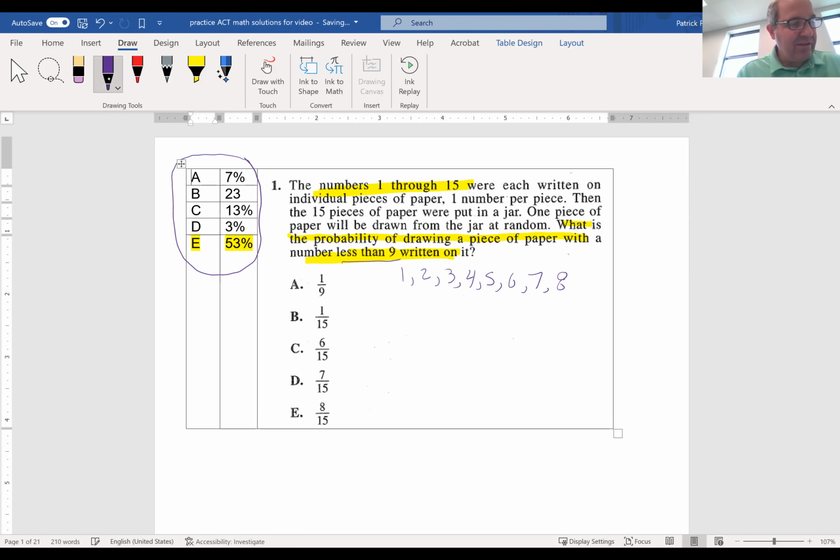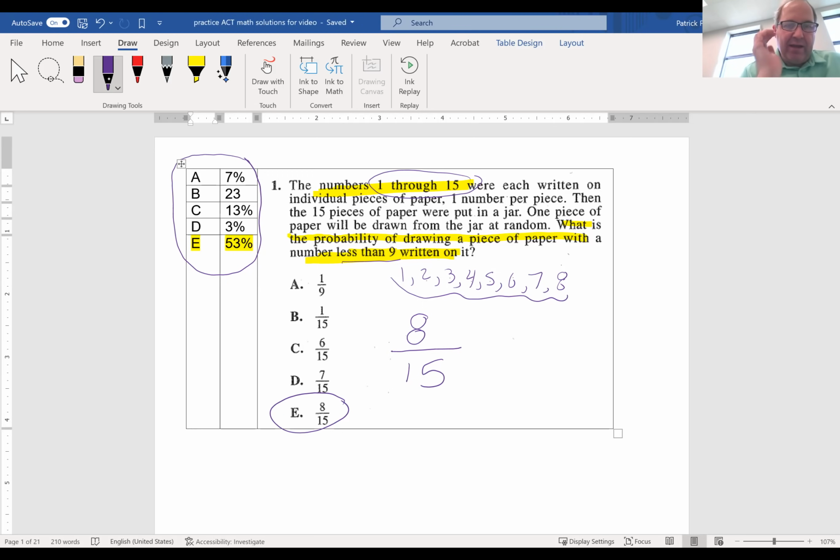We're not going to include the number 9, right? Probability is always favorable over total. There are a total of 15 numbers to choose from. Out of these 15, there will be 1, 2, 3, 4, 5, 6, 7, 8 of them that we're looking for. So we are looking for 8 out of 15.